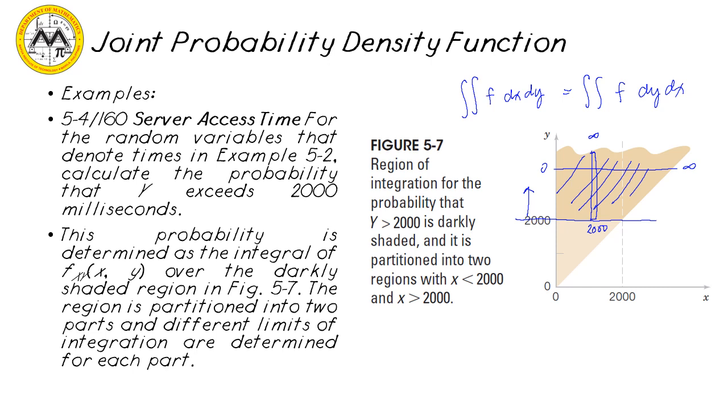In that case, there would be a difference in the strip here, because this would be from infinity, while the lower limit would be y equal to x. So we can divide that into two portions.